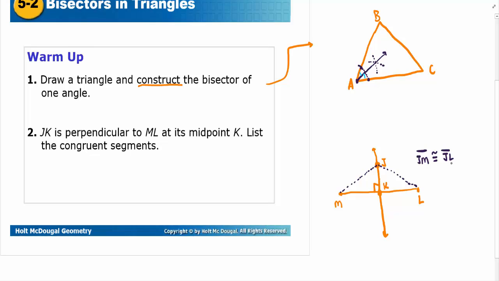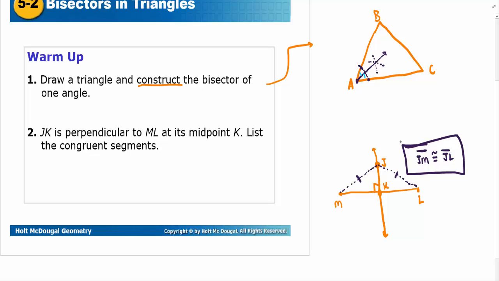And I guess you can say MK is congruent to LK. But the main thing here is you're trying to use the perpendicular bisector theorem, right? So those are your congruent segments that you're kind of gleaning from that, because they already gave you that K is a midpoint, so it's kind of given. So those are your congruent segments.